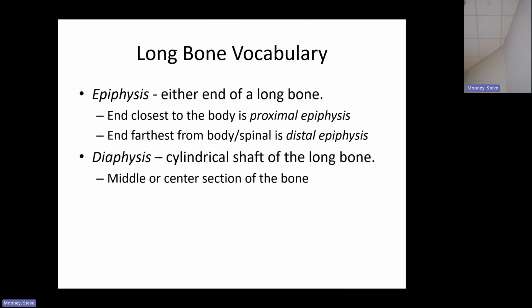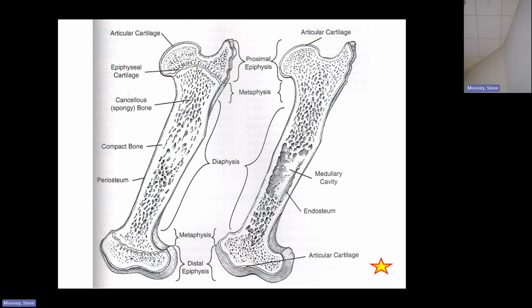The diaphysis, the center or middle of the bone, so the center section. So we're looking at probably something from here down to here. The last part we're going to talk about is where the flare starts.